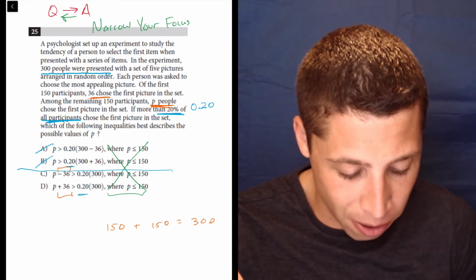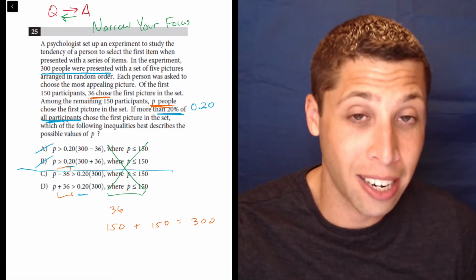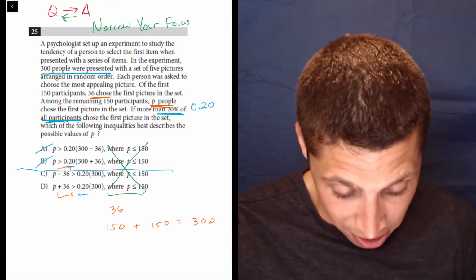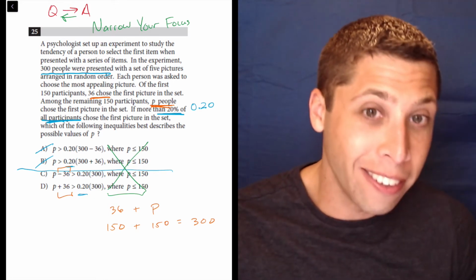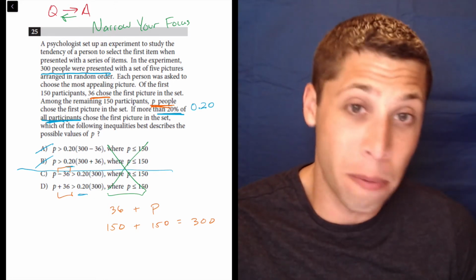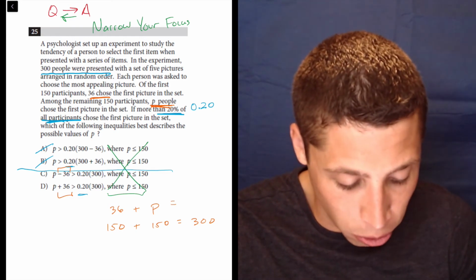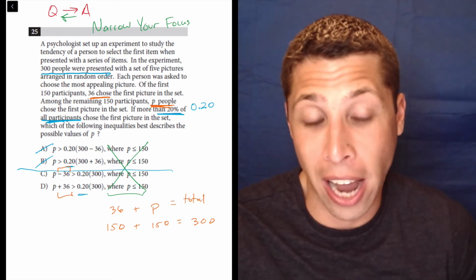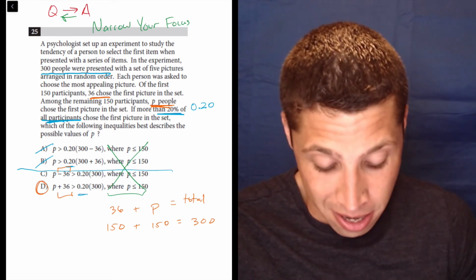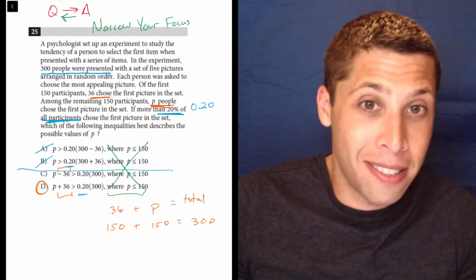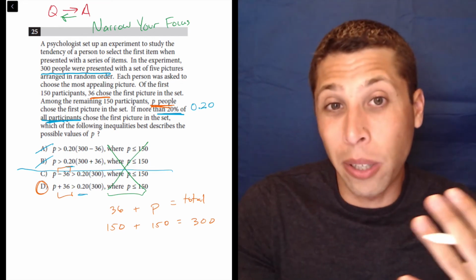Well, of those first 150, 36 chose the picture. So it would make sense to add in the number, whatever it may be, from the next 150 to get the total who chose that picture, which is kind of what we want. So D is the answer, kind of just because they're in their own weird way asking for a total, and I associate total with plus.